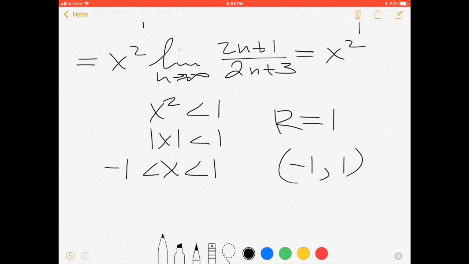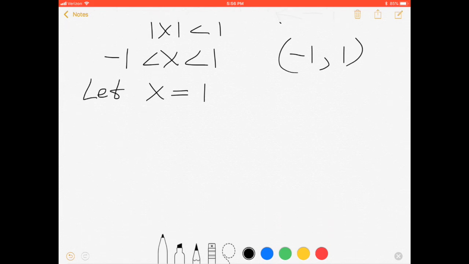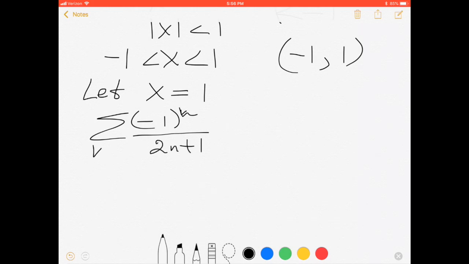Checking our endpoints. Let's go x equals 1. What do I have? I have the series (-1)^n, 1 to any power is 1, over 2n+1, from 0 to infinity.